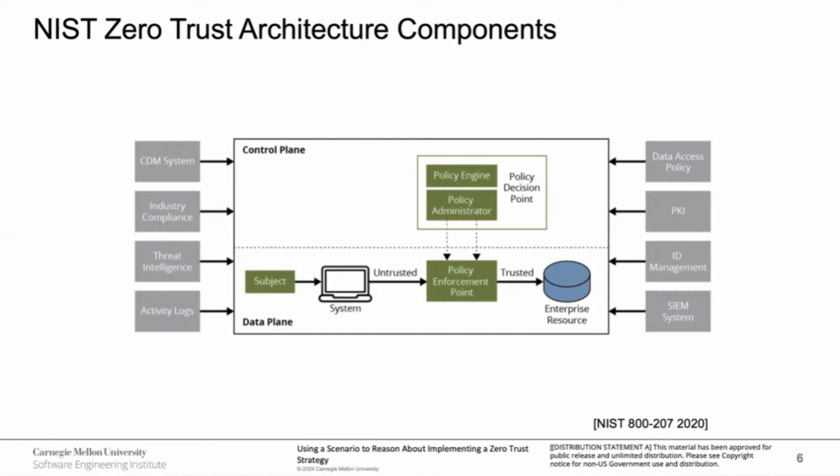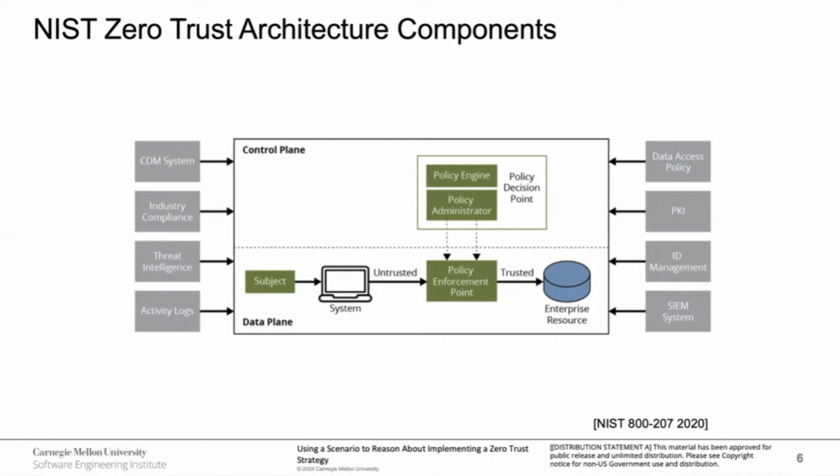That untrusted person comes into a policy enforcement point. That's a nice phrase, but basically if you keep in your mind that that's a switch, it's something that can be turned on or turned off to let me go to, whether it's an enterprise resource or a piece of data, in a trusted way so that I can access that.